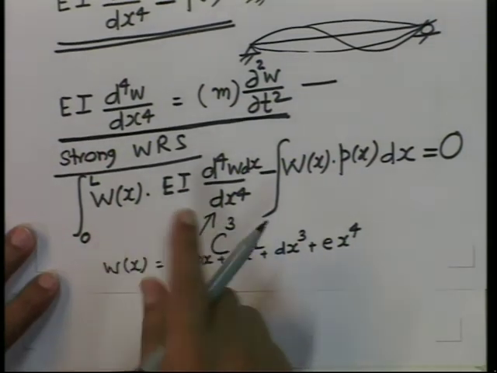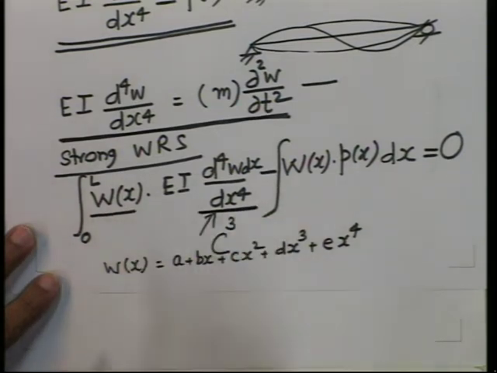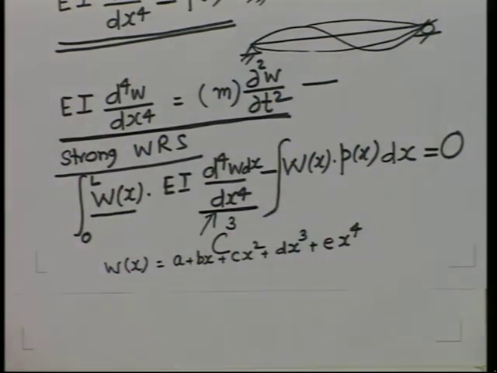The weak form is, again, take these as two functions and integrate by parts.